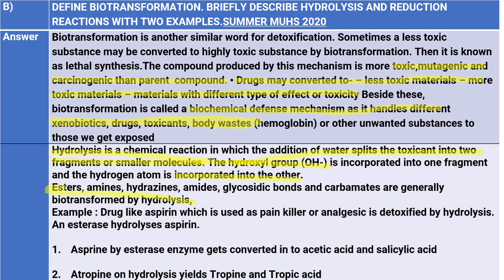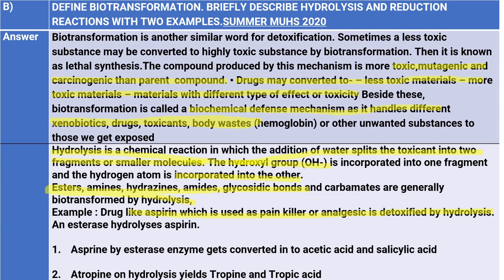Examples like drugs such as aspirin, which is a commonly used painkiller or analgesic, is detoxified by the process of hydrolysis.